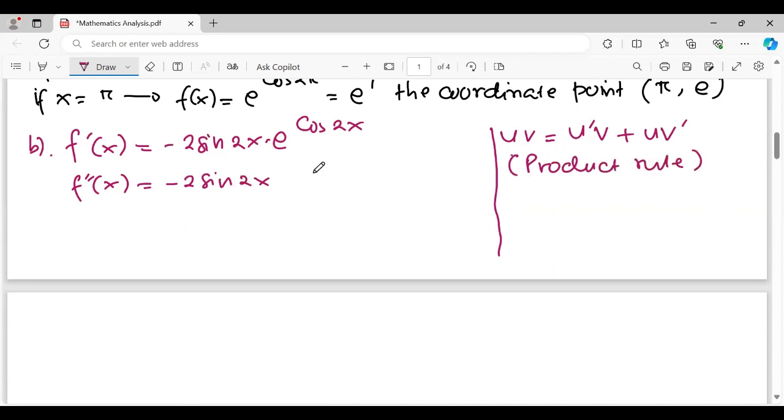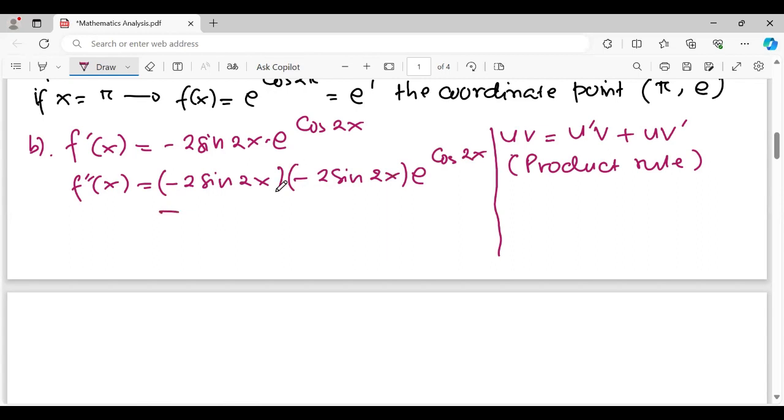Okay, so minus 4 cosine 2x times e power cosine 2x, and then minus 2 sine 2x times minus sine 2x times e power cosine 2x.